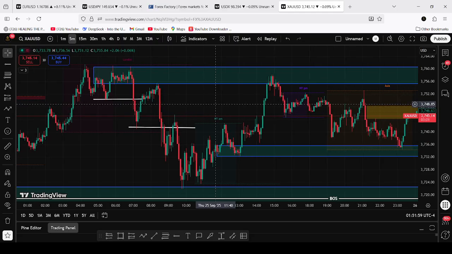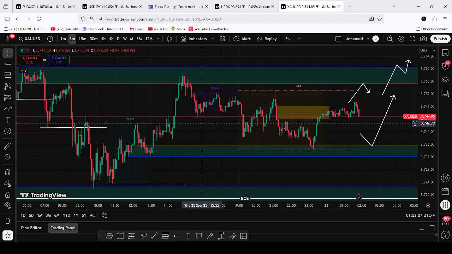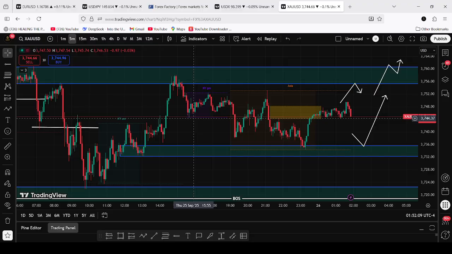At this point, I was able to mark these zones, and I can still continue marking them because they are still high profitable sessions. The first thing, for you to enter an order block, you must confirm there is a break of market structure.